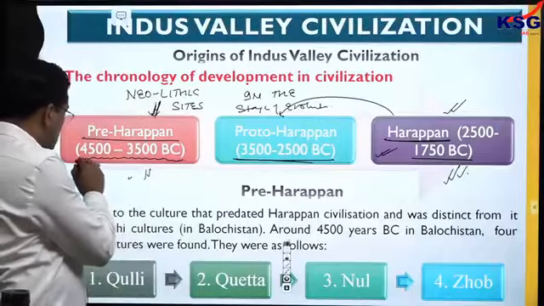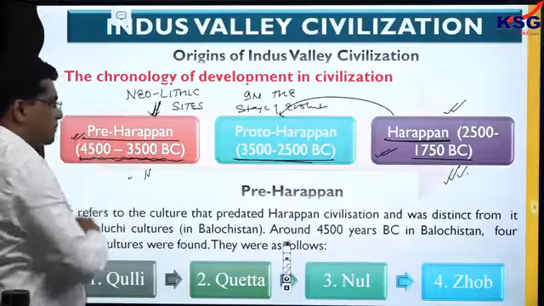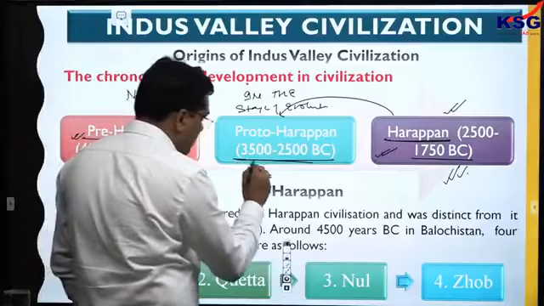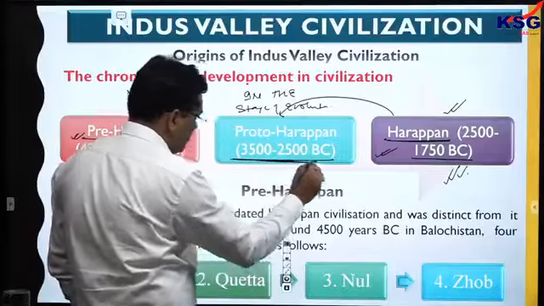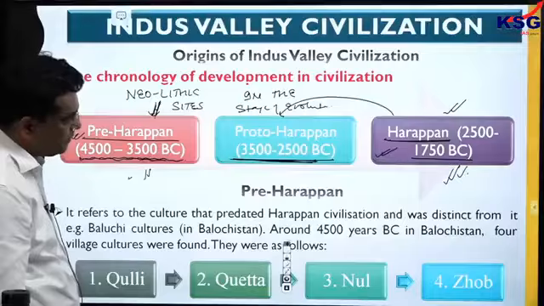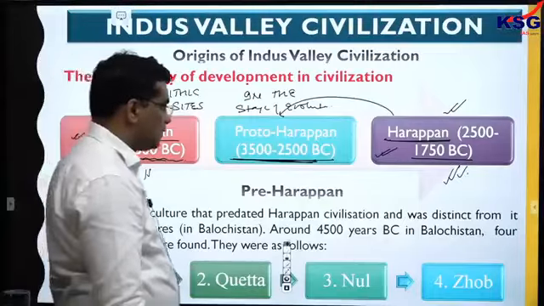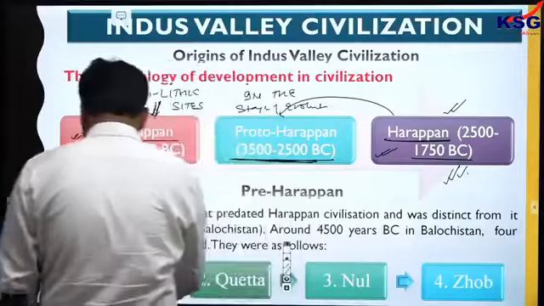So I hope you noted: 4500 to 3500 BC, this is pre-Harappan. Proto-Harappan is 3500 to 2500 BC. And Harappan is 2500 to 1750 BC.